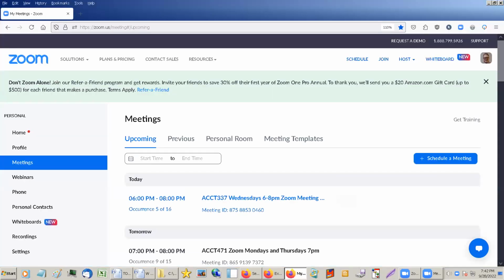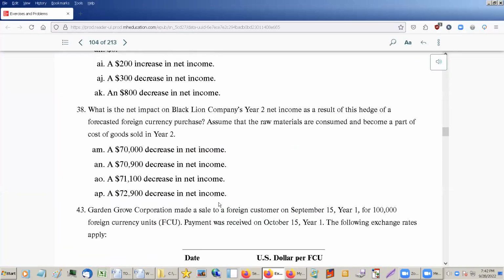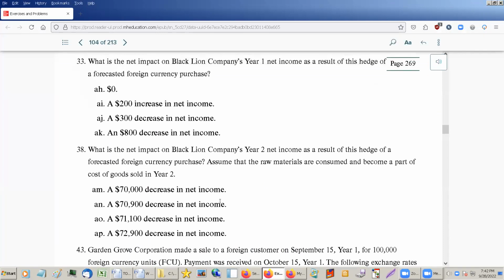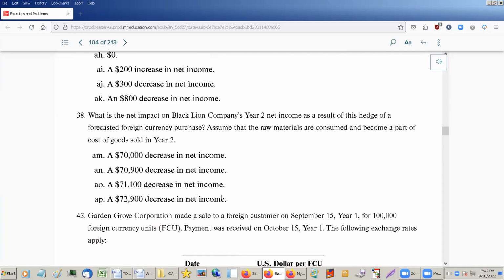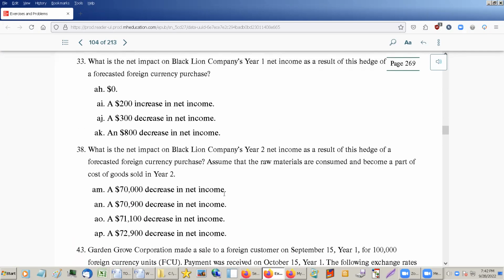If someone could pull up on there, I just want to make sure that you have the same thing that I do. It looks like it would be on page 269.